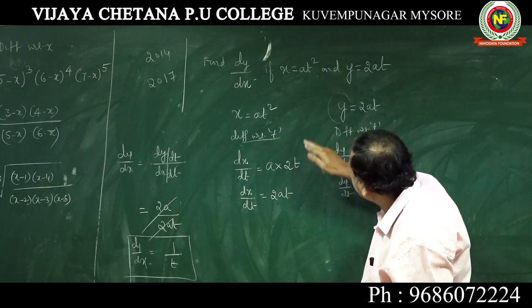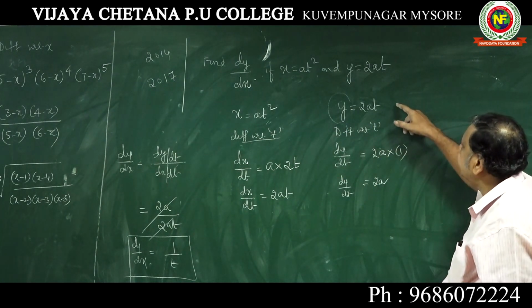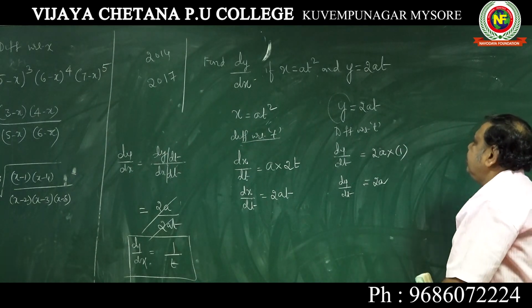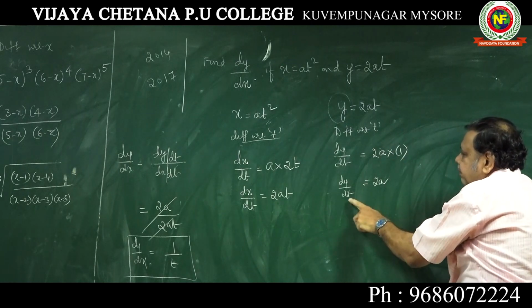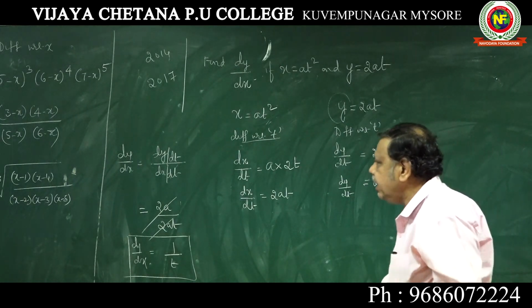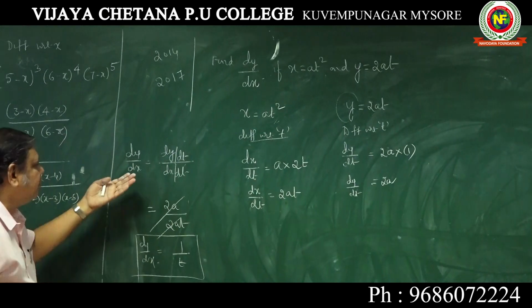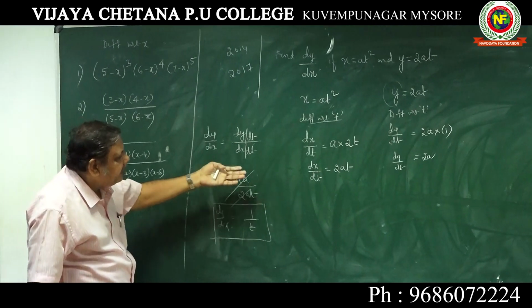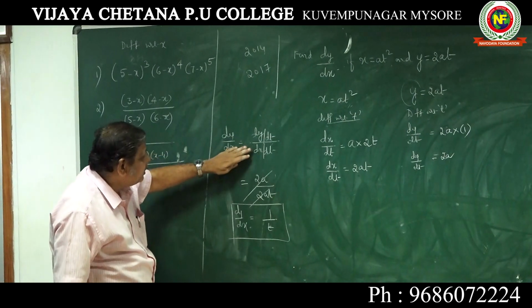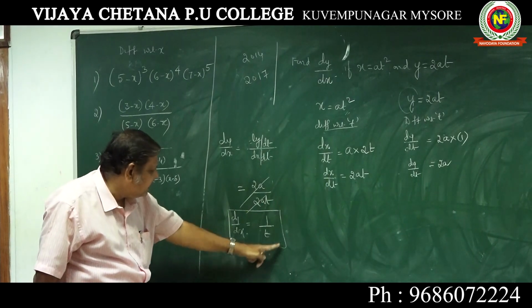Similarly differentiate y with respect to t also. Dy by dt is equal to 2a into the differential quotient of t, which is 1. Dy by dt is equal to 2a, and always use the formula dy by dx is equal to dy by dt divided by dx by dt, not the other way around. That is 2a by 2at. Answer is 1 by t.